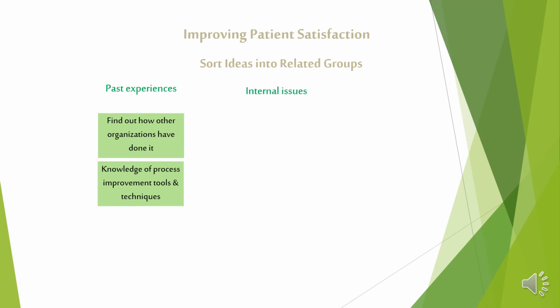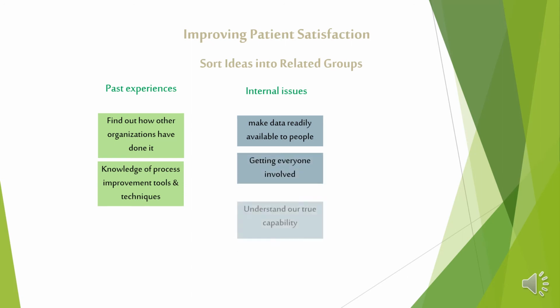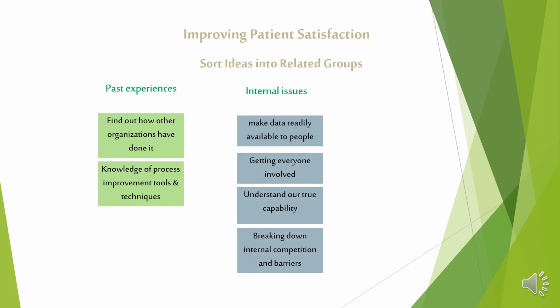Or you can sort them under internal issues, something related to our facility, like making data really available for people, getting everyone involved, understanding our true capability, and breaking down internal competition and barriers. And the third group is patient input: getting feedback from patients and dealing with their complaints.